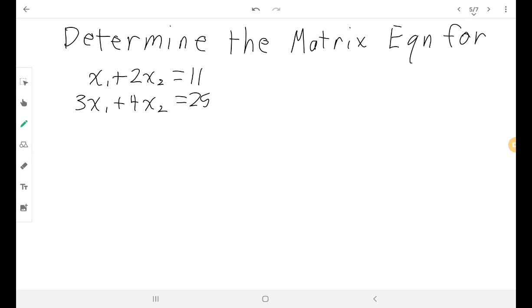So one of the big major applications for matrices, and really the one that computers use it for quite often, is to solve systems of equations. So here is a system of equations, and what we have to do is turn this into a matrix. Here's the way that you do that.